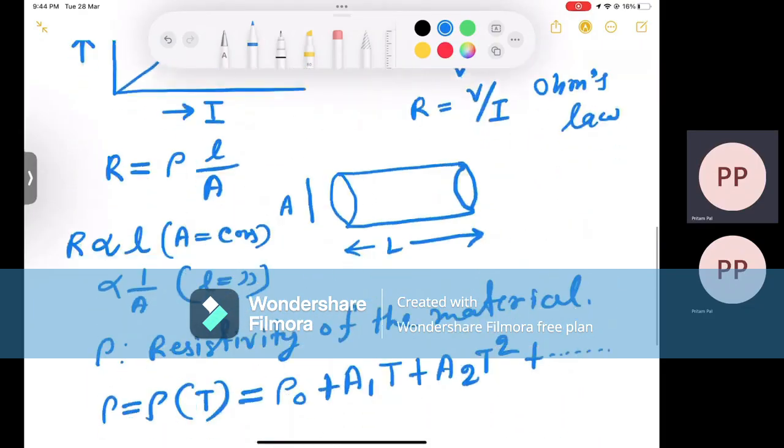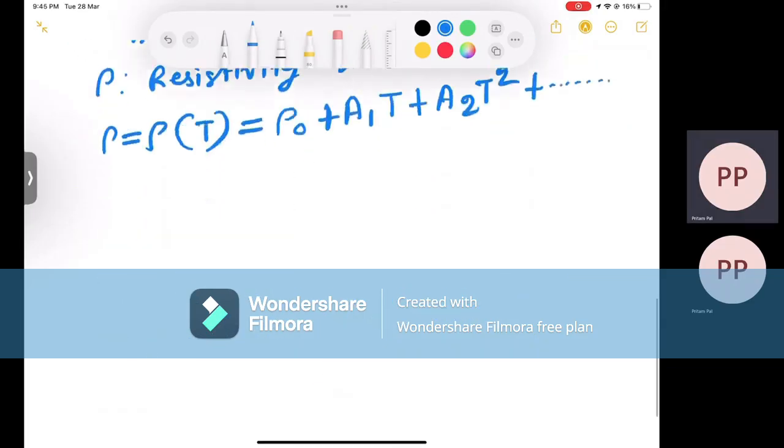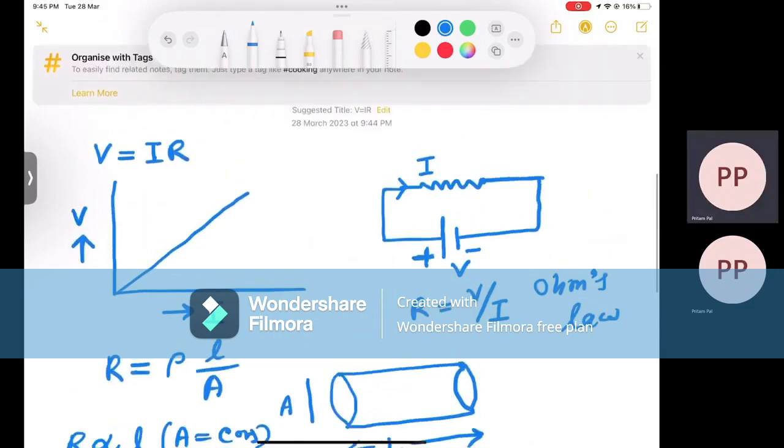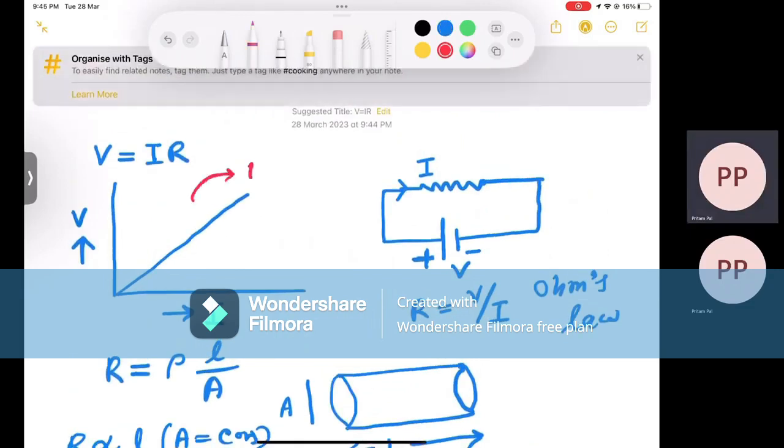Okay, so I was trying to tell you that this is for a linear material. This is basically linear IV.